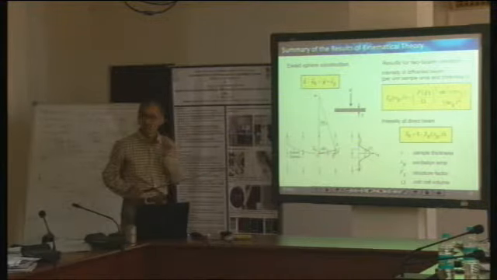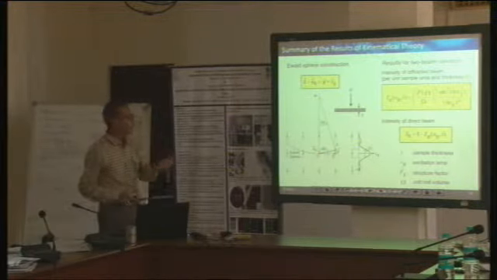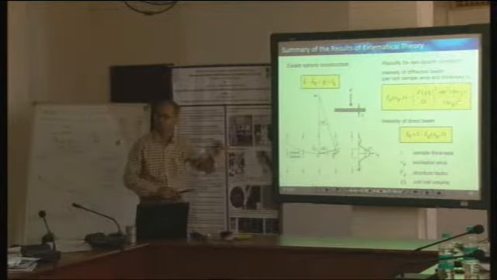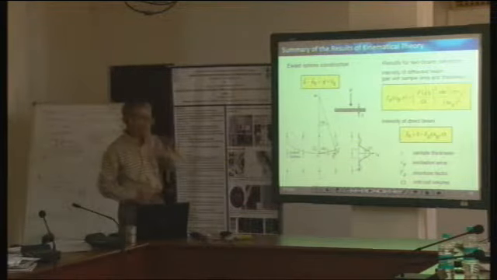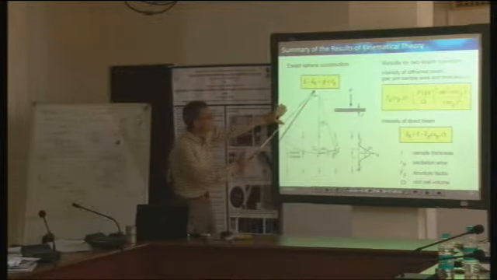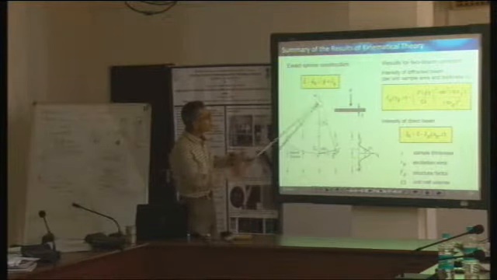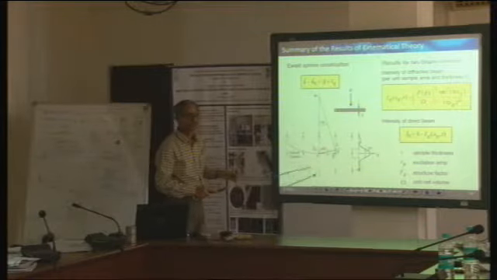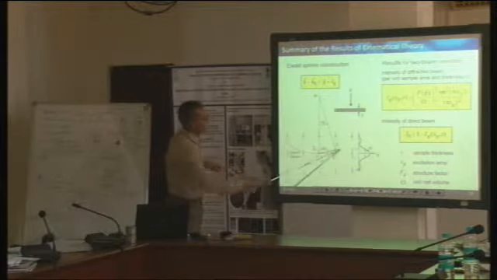I was also told that most of you have understood the Ewald construction and all that. So here is the Ewald construction. This is the incident wave vector k0, and we have drawn a sphere.